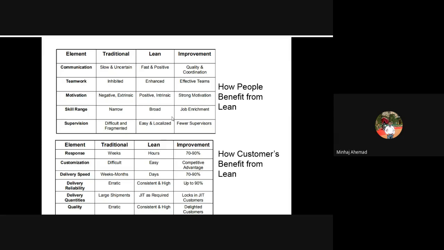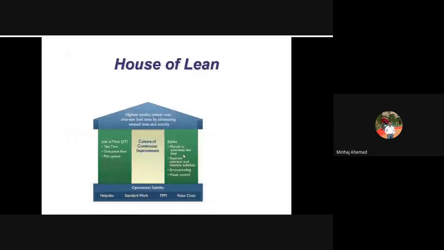The reliability of delivery is consistent, whereas in traditional manufacturing it was very difficult and erratic. So overall, how people and customers benefited from lean is shown in this table.